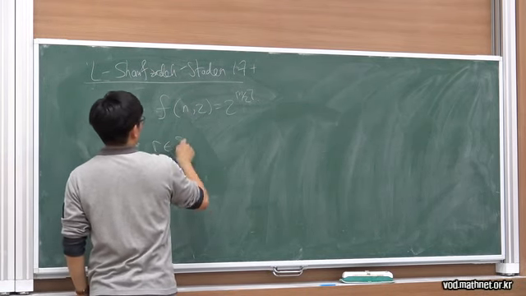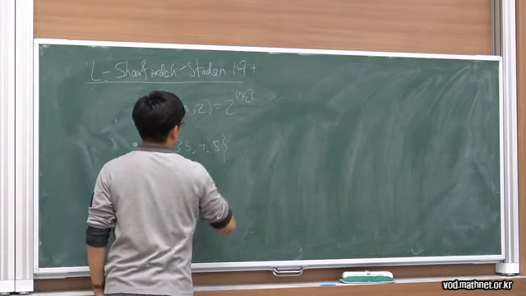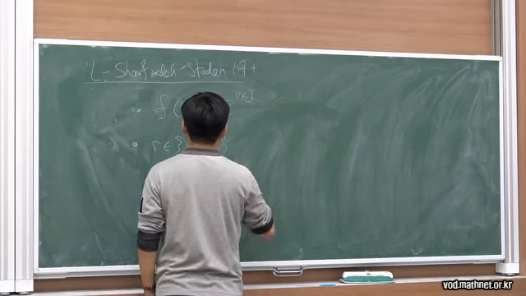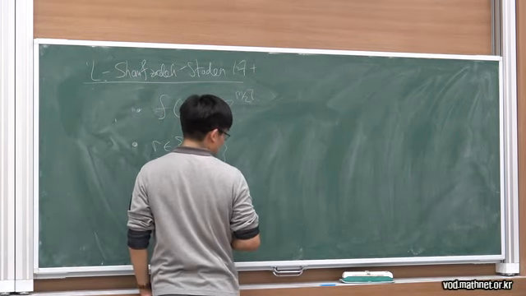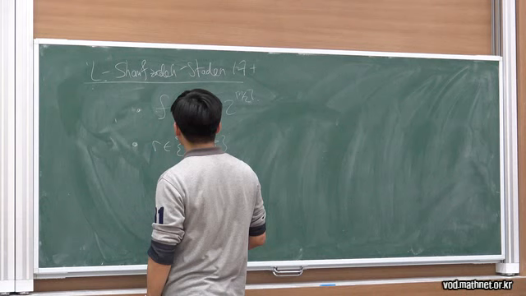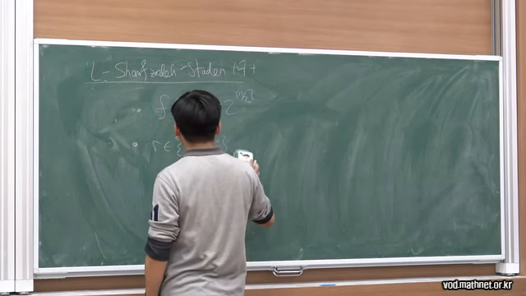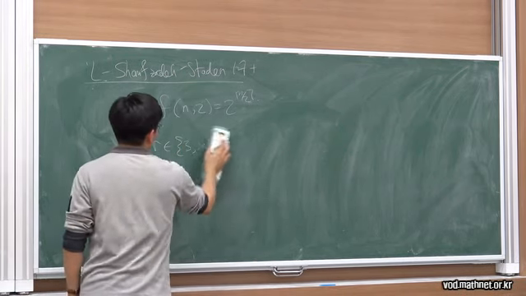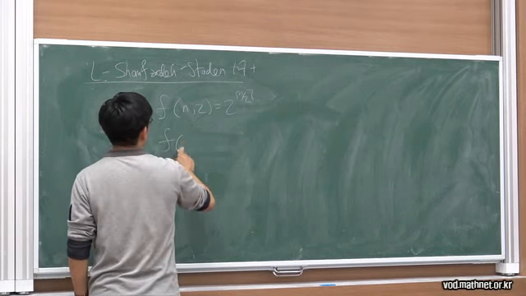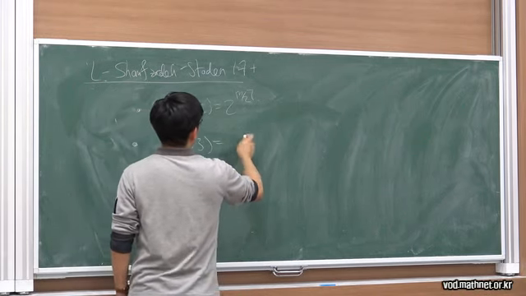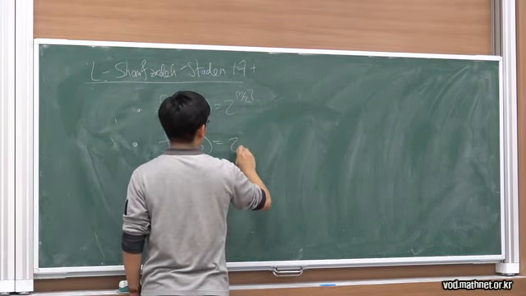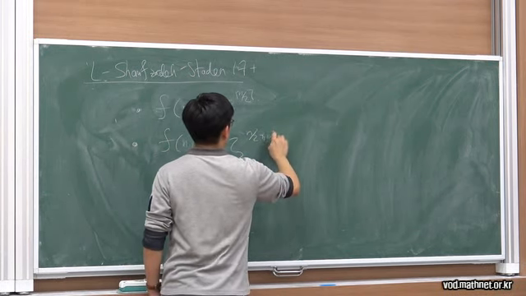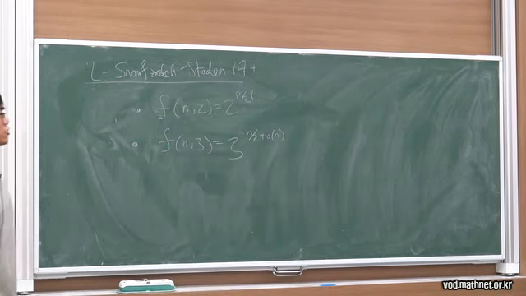For 3 to 5 colors, let me write it separately. For 3 colors we get basically an asymptotic version. So this lower bound is still true, it's tight in the sense of asymptotics.